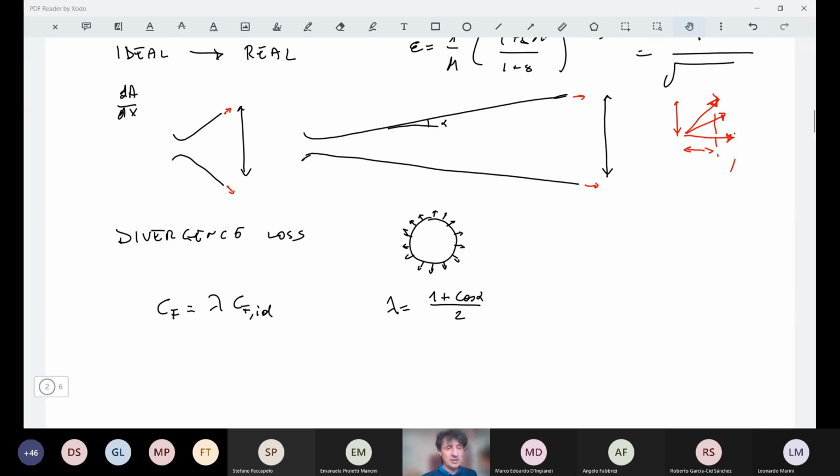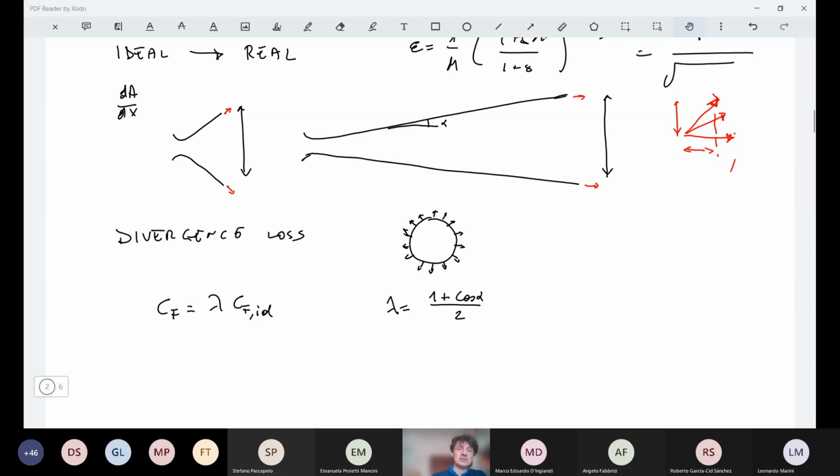Well, this is not the only correction that we may consider. There are also others that take into account friction, heat transfer, possible occurrence of condensed particles, chemical reactions, thermally perfect rather than calorically perfect gas, and so on.